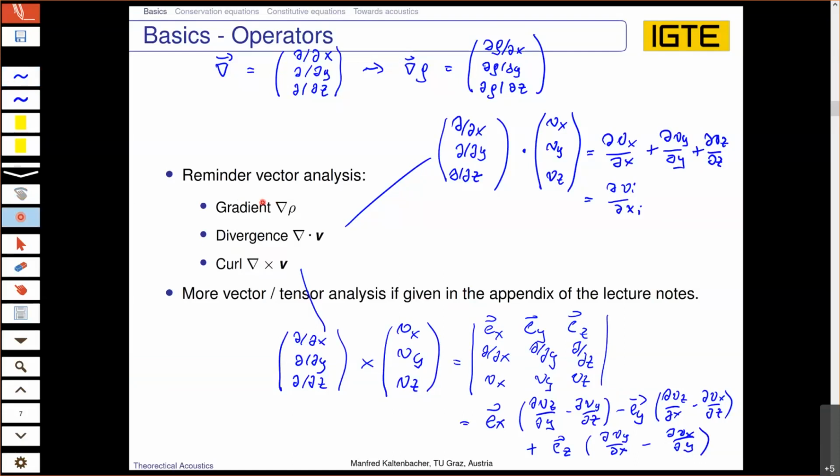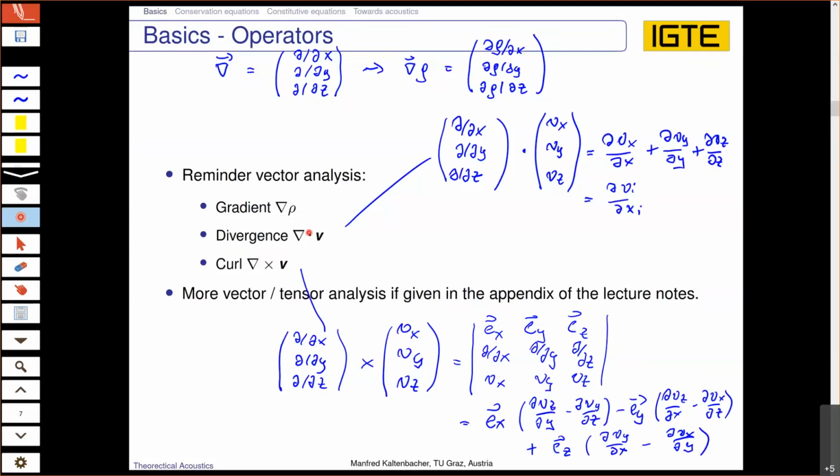When the divergence of a vector is not zero, then we know that we have some sources or sinks, and that is exactly a scalar quantity, because the divergence gives a scalar. So if you have an equation like the divergence of a vector is equal to a scalar quantity, then this scalar quantity is the source or sink of this vector field.